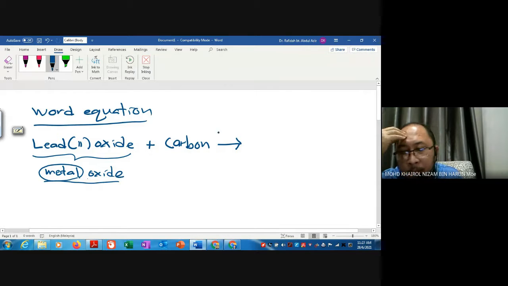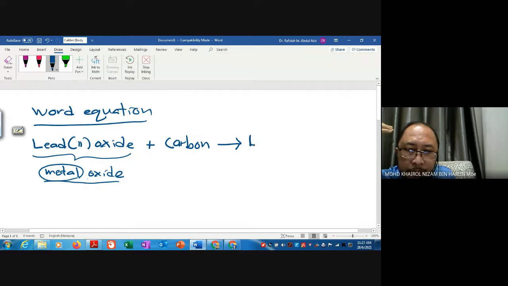A reaction occurs, and when the reaction occurs, it will produce a new substance. So when the reaction happens, it will produce a new substance.